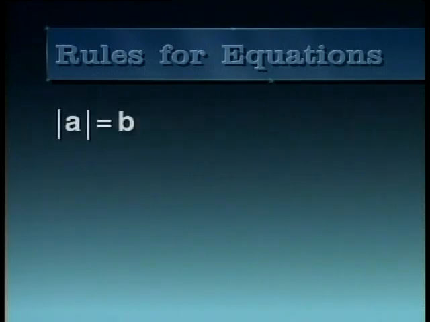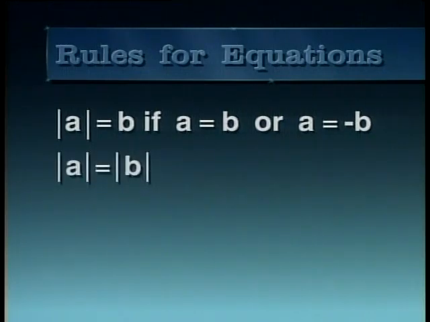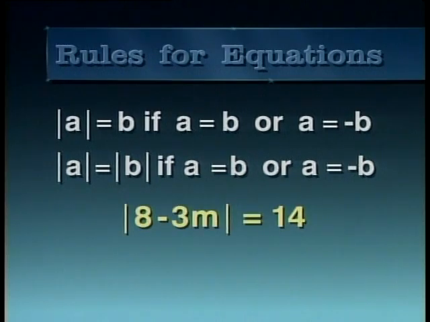This example illustrates two rules that will help us solve more complex equations involving absolute value. The absolute value of any number A equals another number B if and only if A equals B or A equals negative B. Likewise, the absolute value of A equals the absolute value of B if and only if A equals B or A equals negative B. Let's see how to use these rules to solve the absolute value equation, the absolute value of 8 minus 3m equals 14.